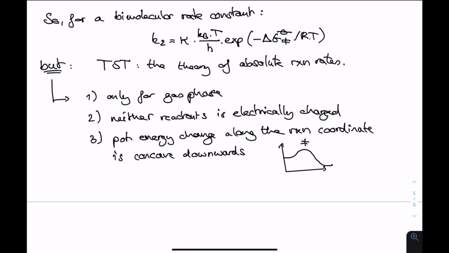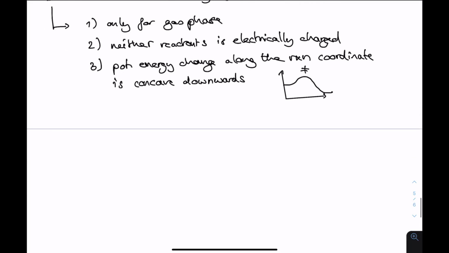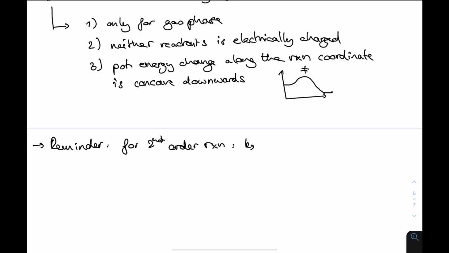Okay, so as a reminder, for a second order reaction, we said that k2 was kappa times k Boltzmann times temperature over Planck times this equilibrium constant of the transition state.